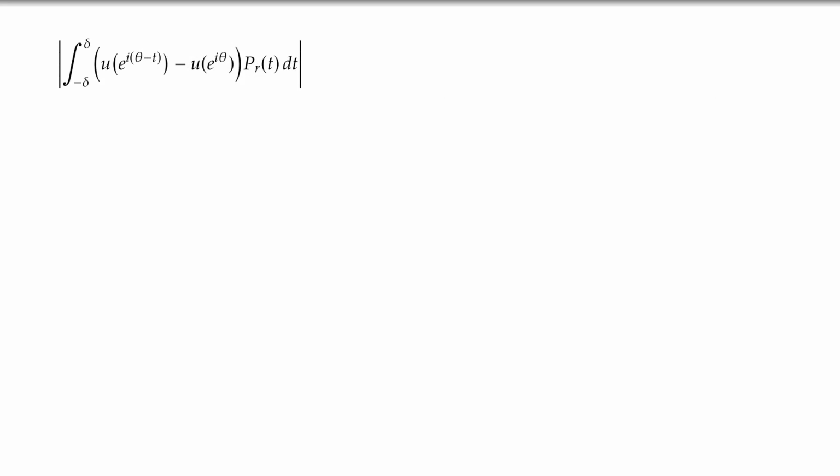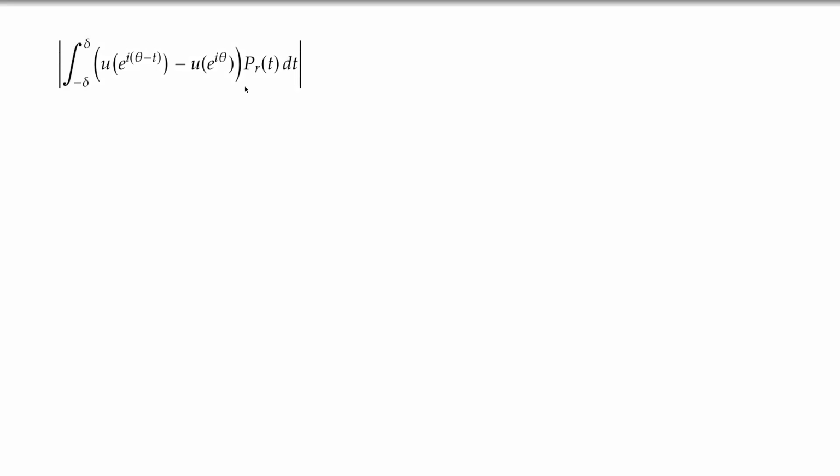So let's look at the inner one, and here we have to use a different tack. Here, p sub r is big, right? But this is small, or we have control over how small it is. That's how we picked delta, right?